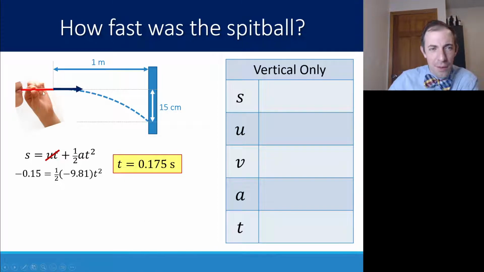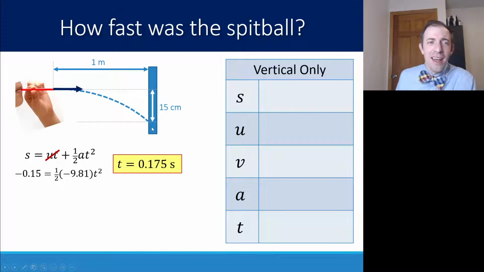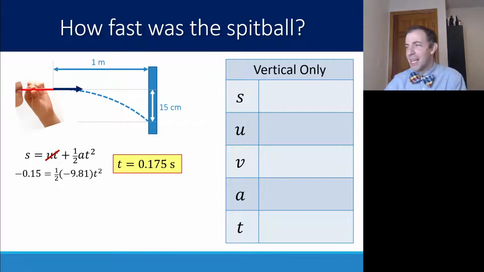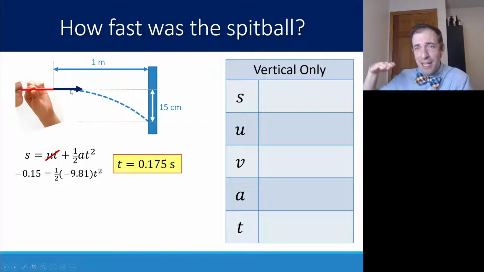So if I were to launch a spitball perfectly horizontally, let's say that I'm 1 meter away from the wall and it falls down 15 centimeters. I first want to figure out how long it takes to fall that distance. Because, again, something launched falls at the same time as something that were dropped.